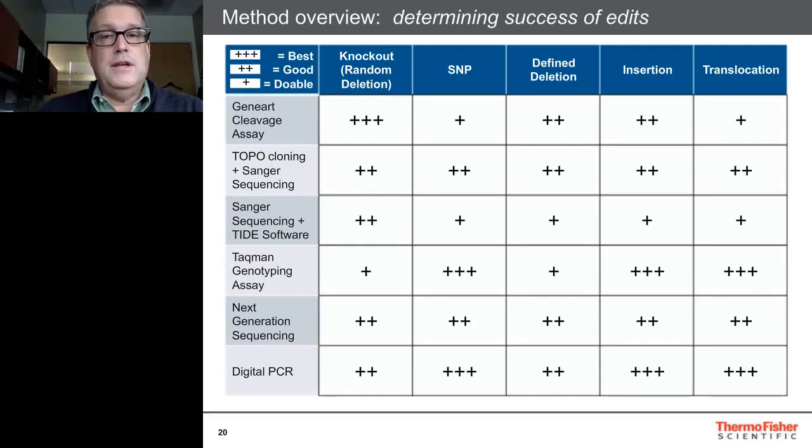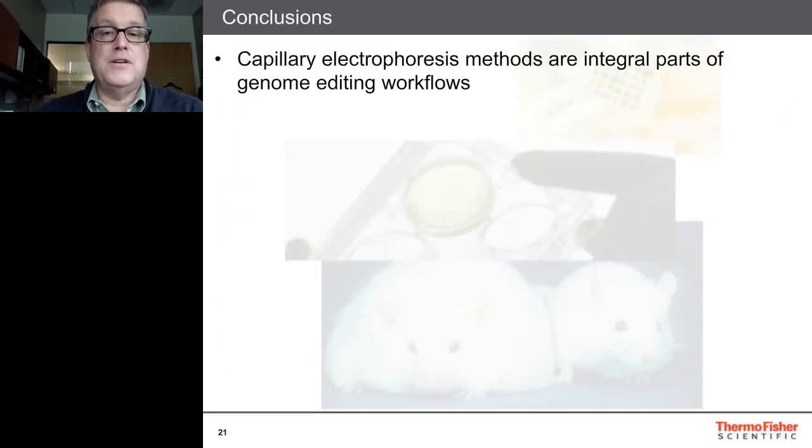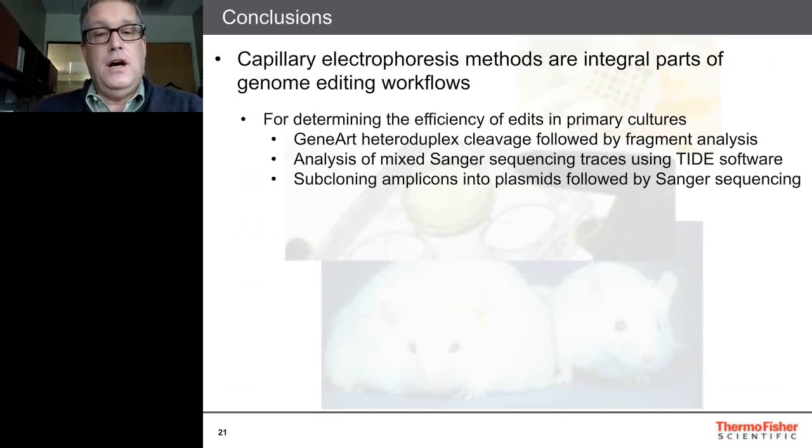So really, the method chosen for determining the efficiency of your edit depends on the type of edits you're making, and not shown on the slide are other things like workflow and costs, amount of sequencing, sequence information you get out of these experiments, etc. So there are a lot of different ways that you can analyze your editing efficiency, that are basically up to what your question is of your laboratory. But what I'm trying to say is that Thermo Fisher has all the tools necessary for analyzing what those events might be.